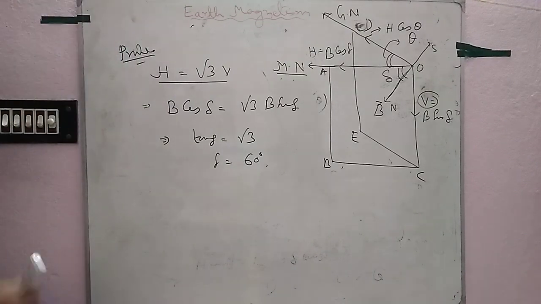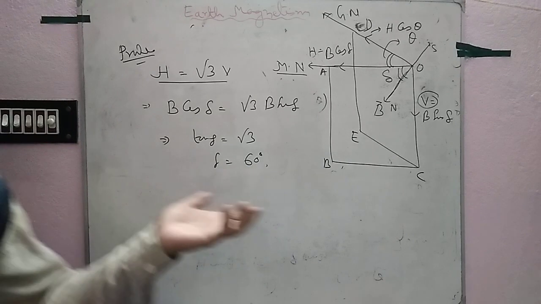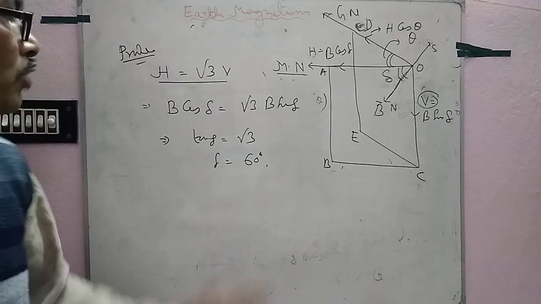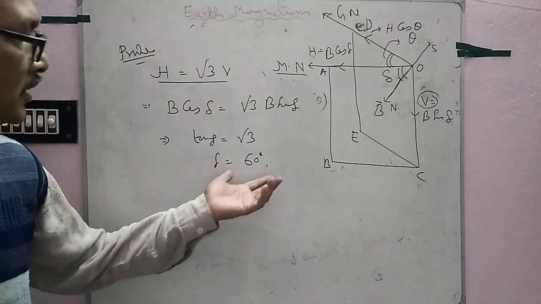Clear? The horizontal component of a place is root 3 times of the vertical component. So what will be the angle of dip, the angle of inclination? So 60 degree. Clear?